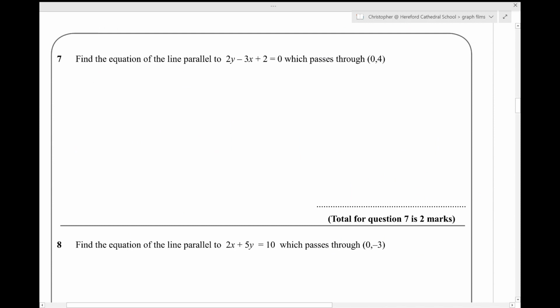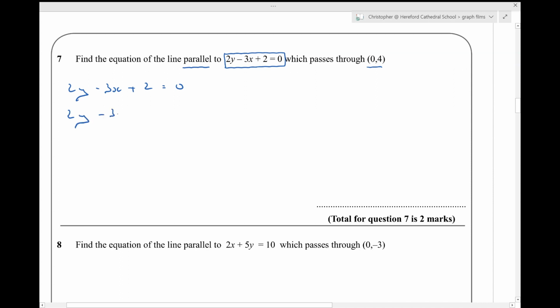Question 7. I've got to find an equation of the line which is parallel to this line and which passes through 0, 4. Now it's parallel to this line, so I really need to find the gradient of this line. So I'm going to copy down the equation of the line here, and rearrange this to make y the subject.